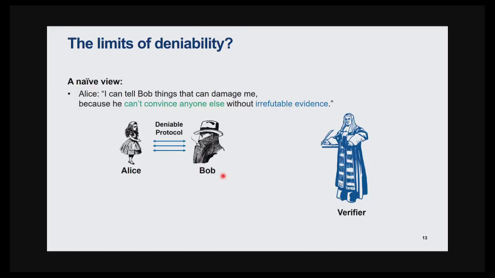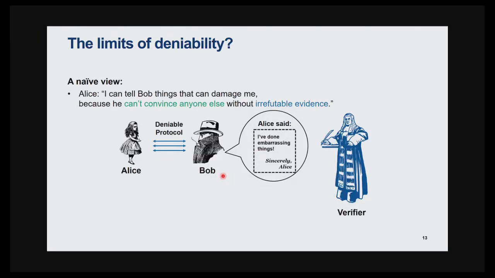Alice might say things that are potentially incriminating to her, and might believe that because the protocol is deniable, Bob won't be able to take that message and send it to some external verifier, like publishing it in a WikiLeaks dump or publishing it in a newspaper, and an external verifier, which could be anybody, wouldn't be able to trust this transcript that Bob produced because anybody could have produced that. But this is not necessarily always the case, right? So the verifier, of course, wants to know whether Alice really said what Bob claims Alice said.